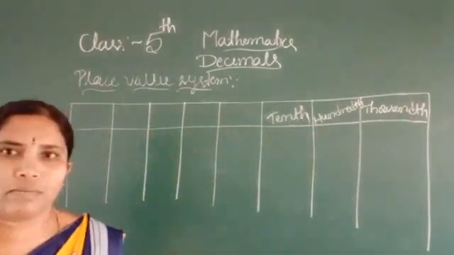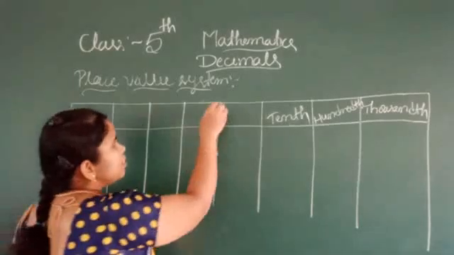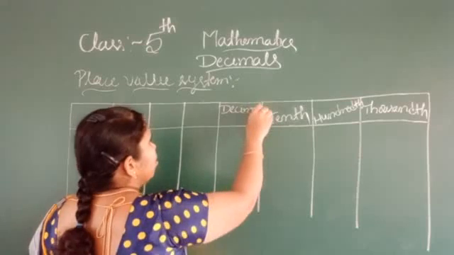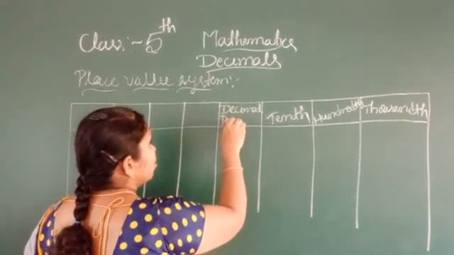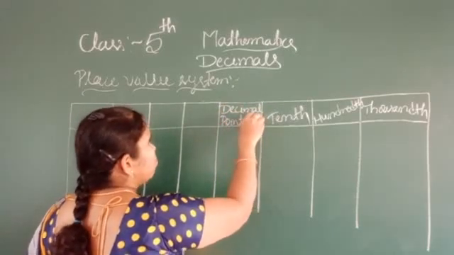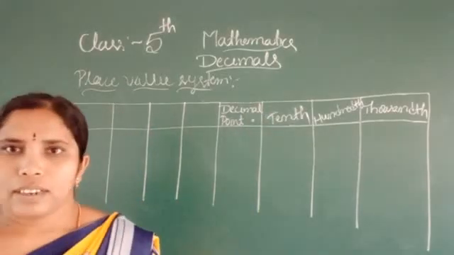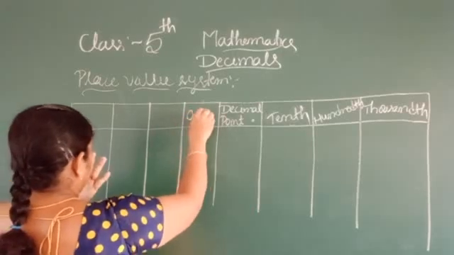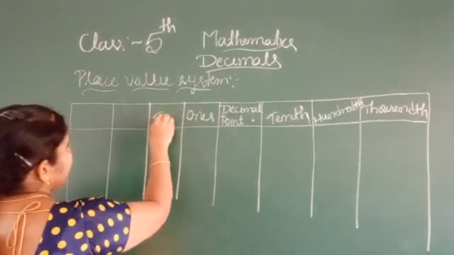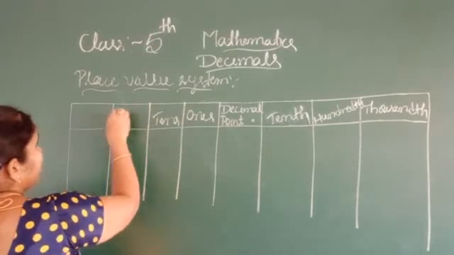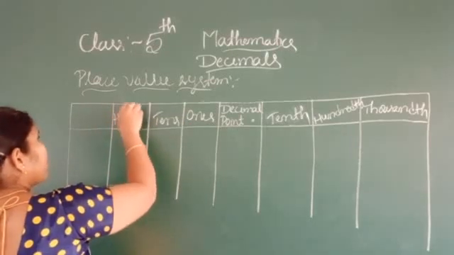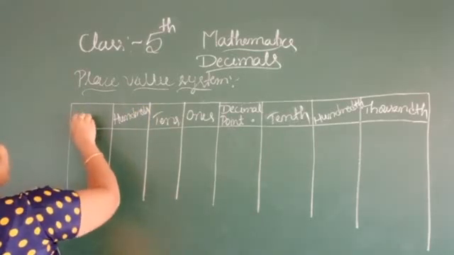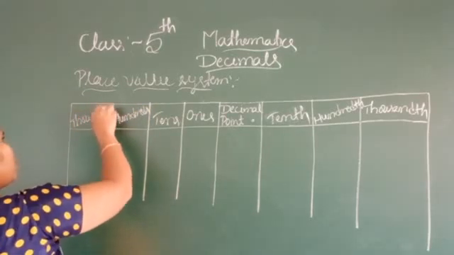This is the decimal point. Okay, so then ones, tens, hundreds, thousands.